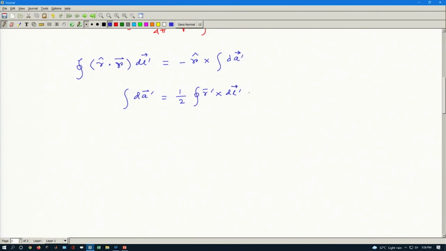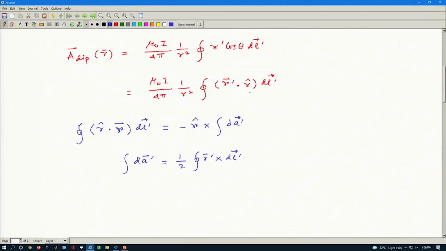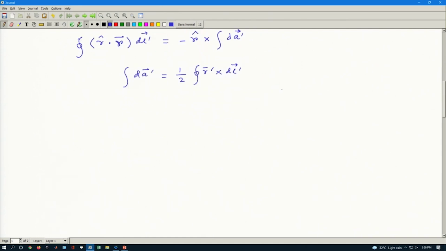Last day we just used that and eventually figured out what is written in the blue line.